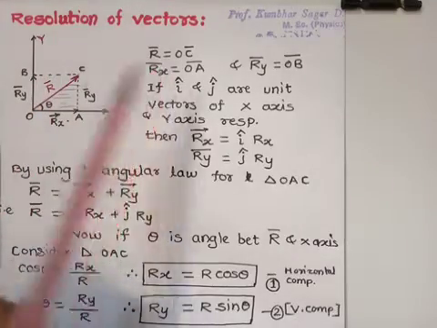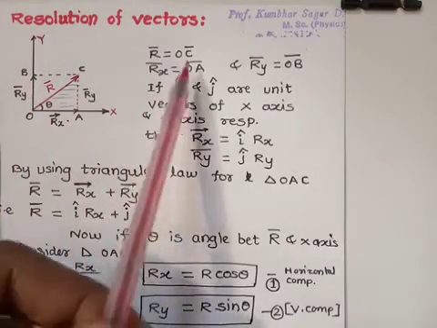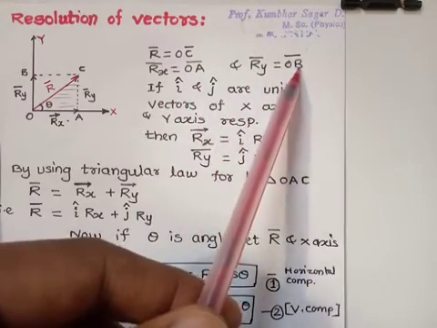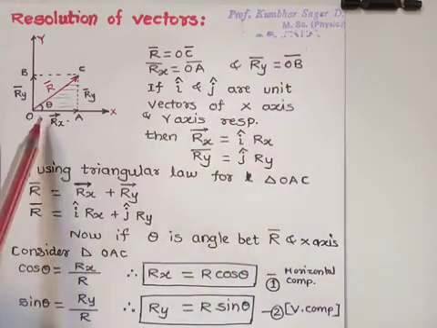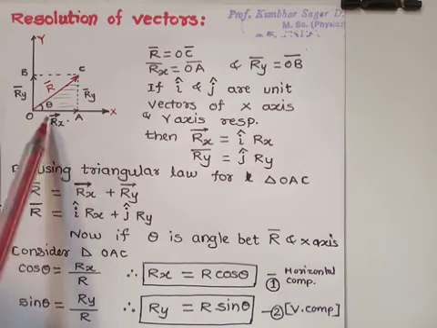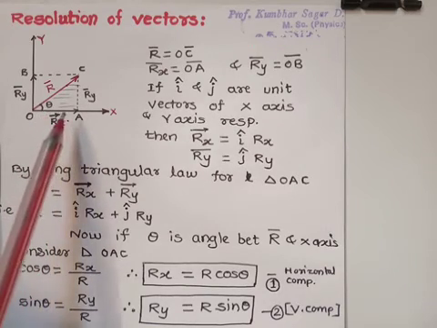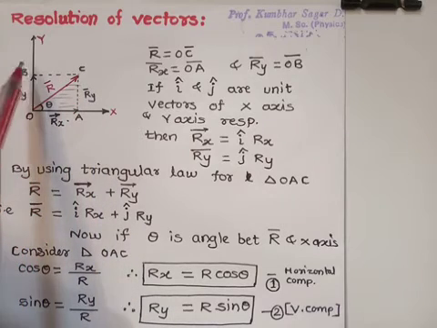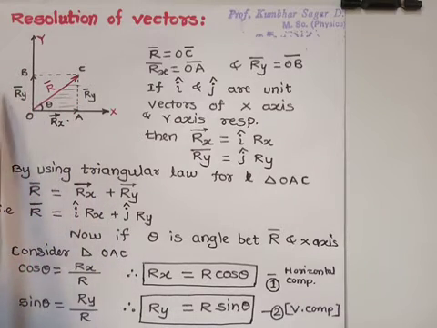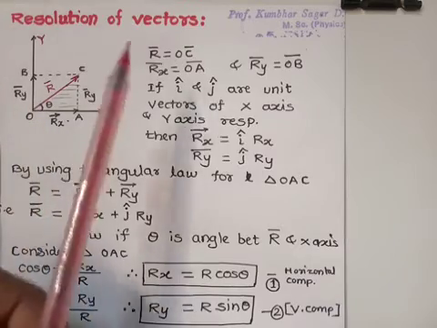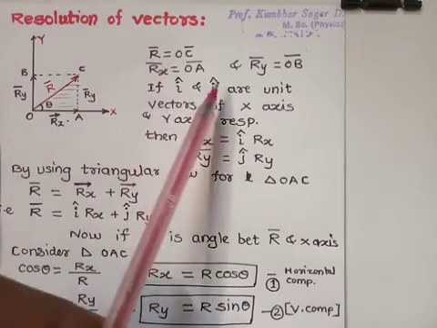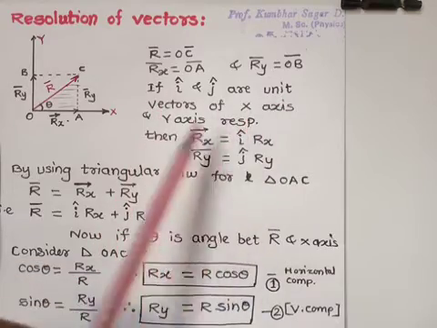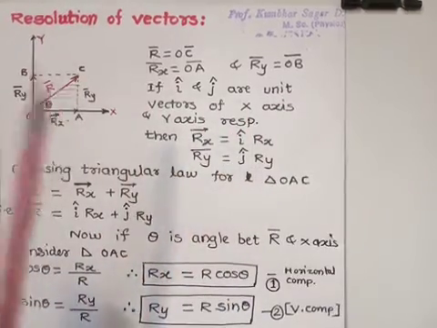Now, Rx bar is equal to OA bar and Ry bar is equal to OB bar, which is shown in this diagram. Means OA bar is equal to Rx bar and AC bar is equal to OB bar, which is equal to Ry bar. Again, we know that i cap and j cap are unit vectors of the x-axis and y-axis respectively.